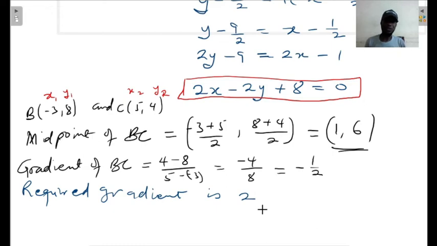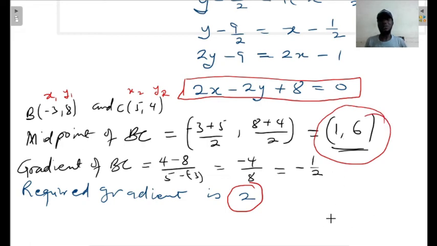So now we are going to find the equation of the perpendicular bisector by using its gradient and one point on it, which is this point, because the perpendicular bisector will pass through the middle of the line BC.